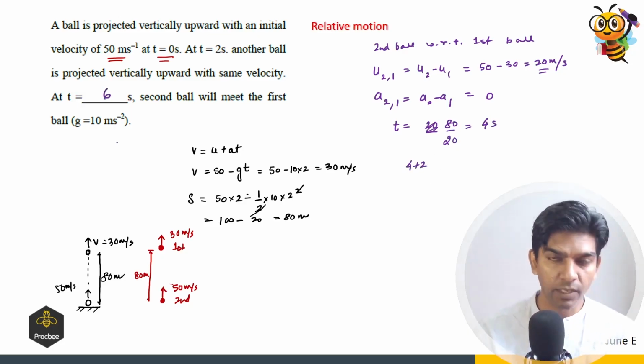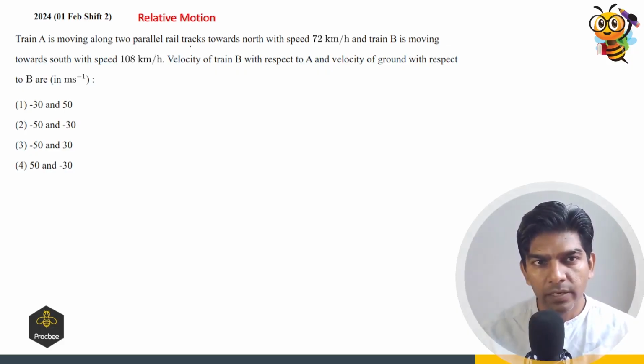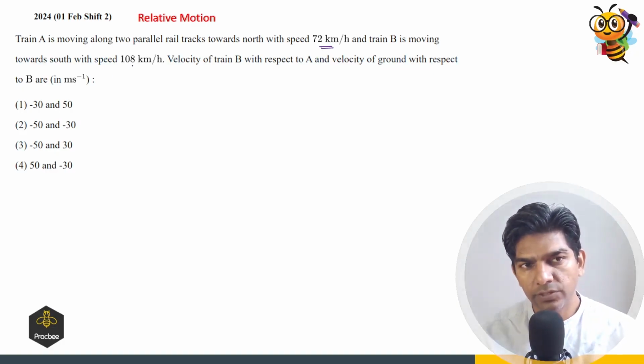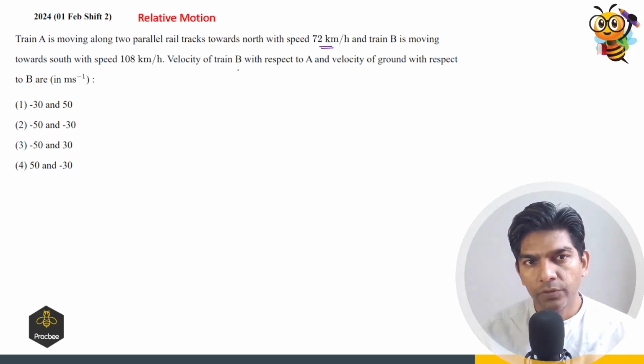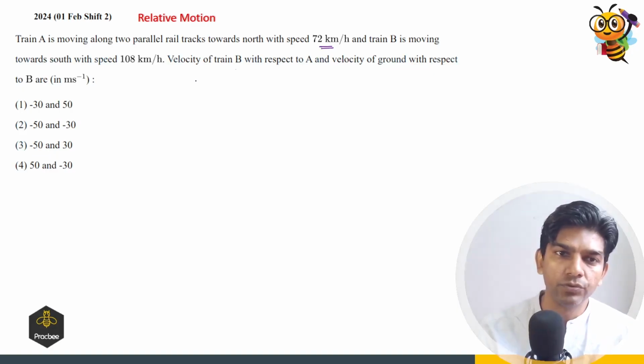Now let's see this question. A train A is moving along two parallel tracks towards the north with a speed of 72 kilometers per hour, and train B is moving towards south with 108 kilometers per hour. We have to calculate the velocity of B with respect to A and the velocity of ground with respect to B. Let me show you two parallel tracks.